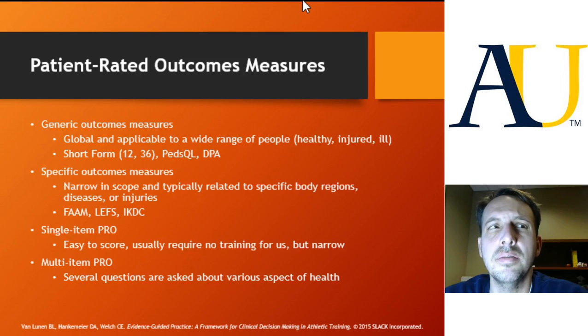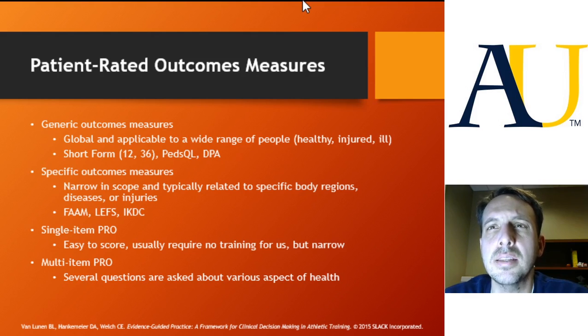And so this gives us more ability in the specific outcome measures to detect minute changes that occur as a result, because we are asking questions more designed to differences within a single body region or injury condition.